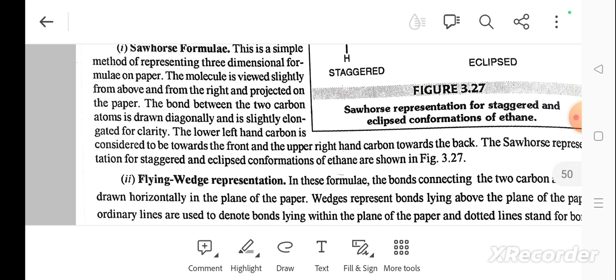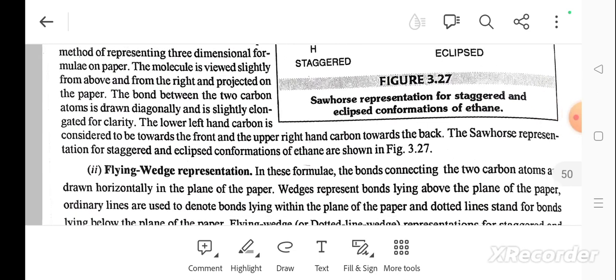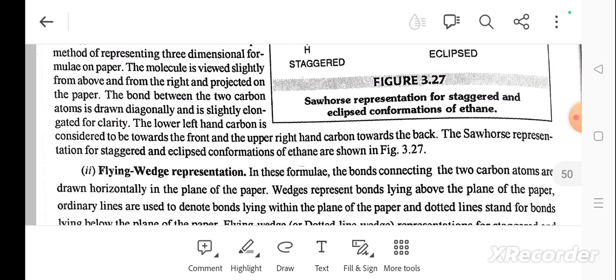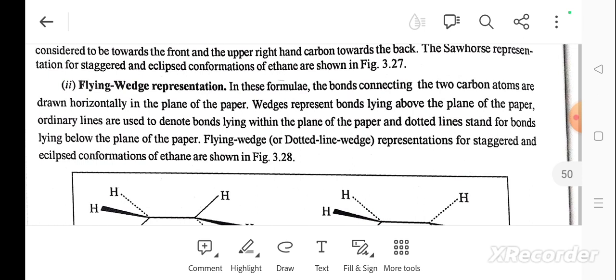The sawhorse representations of the staggered and eclipsed conformations of ethane are shown in figure 3.28. Second, flying wedge representation. In this formula, the bond connecting the two carbon atoms is drawn horizontally in the plane of paper, and a wedge represents a bond lying above the plane of paper.